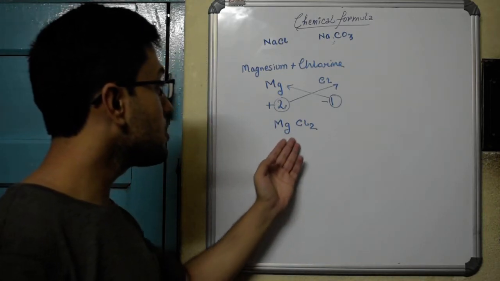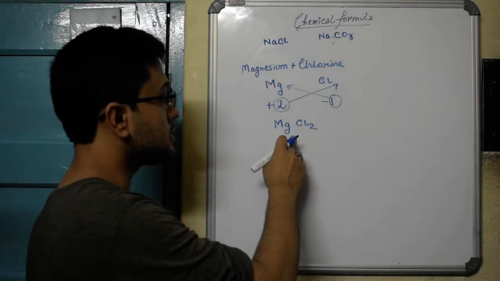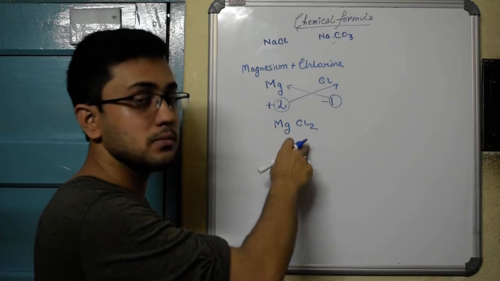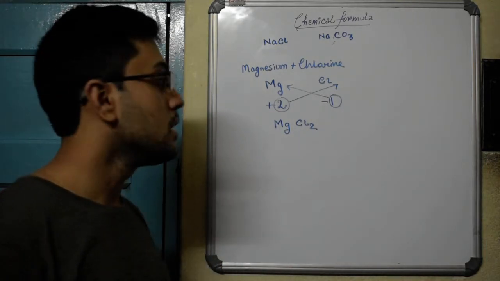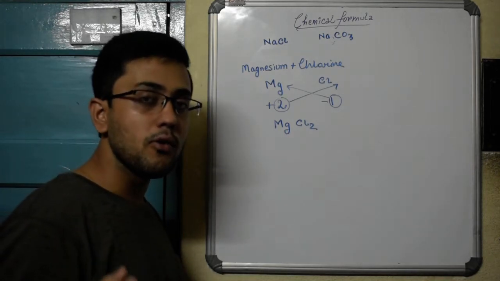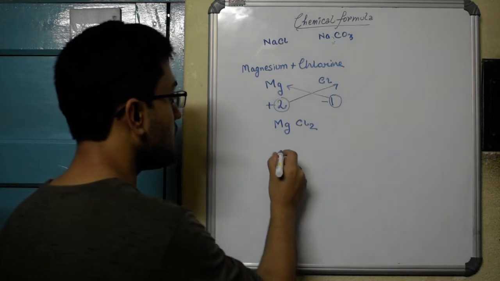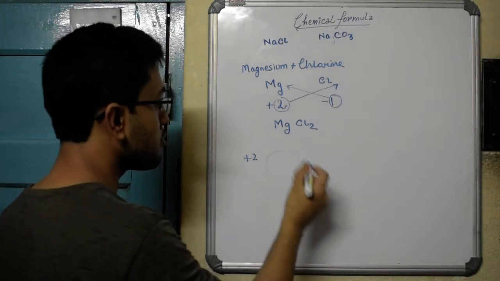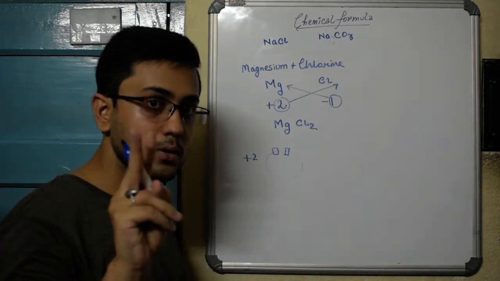And what can we know from the formula? We can decipher the formula and see that for every 1 atom of magnesium, there are 2 atoms of chlorine which attach with magnesium to form magnesium chloride. This is quite obvious because you have already studied electronic shell configuration. If magnesium has a charge of +2, that means in its outer shell there are 2 vacant spaces, 2 electrons are not present.